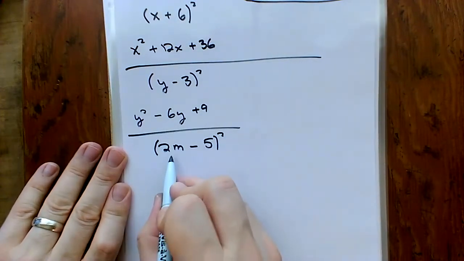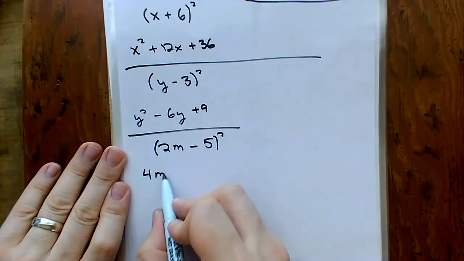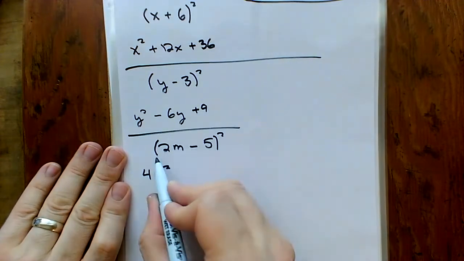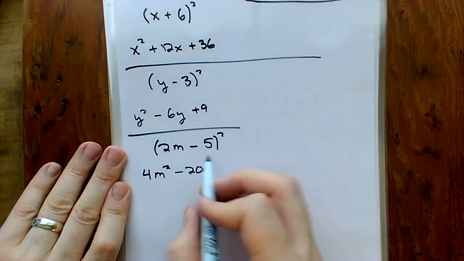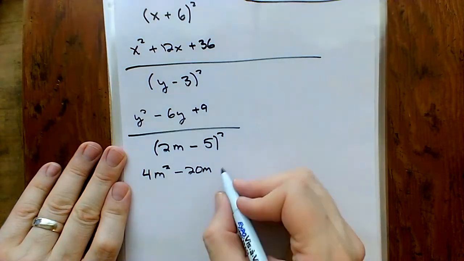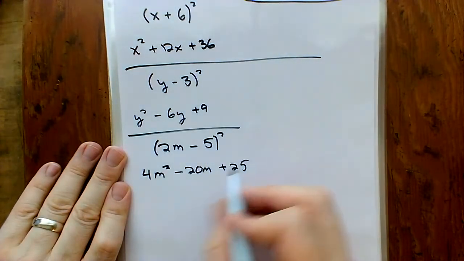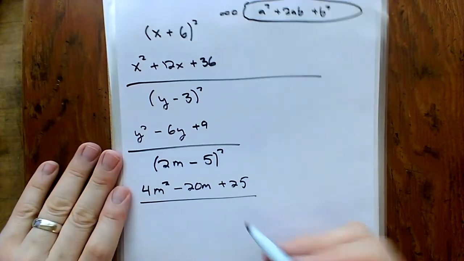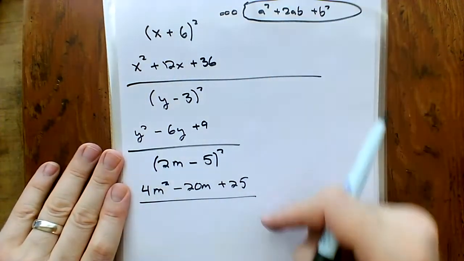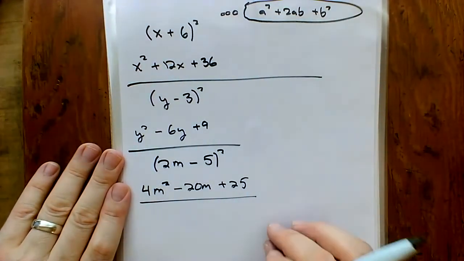Okay, 2m times 2m is 4m squared. Minus 10m is going to be minus 20m. And then negative 5 times negative 5 is plus 25. So this is just a shortcut to help us go through this calculation much, much quicker.